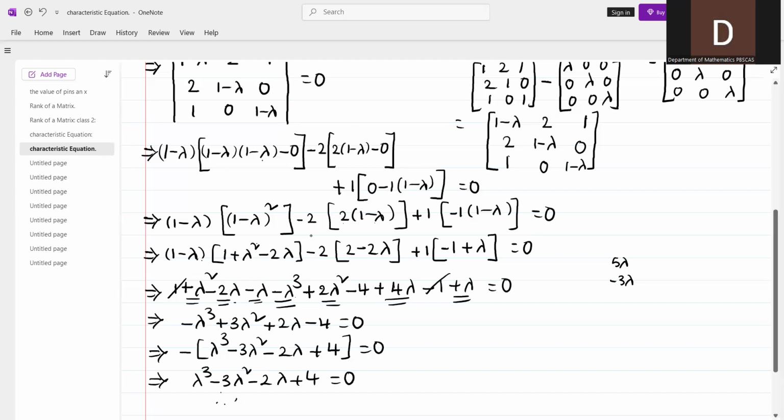This is therefore the characteristic equation. Hence solved. Okay.